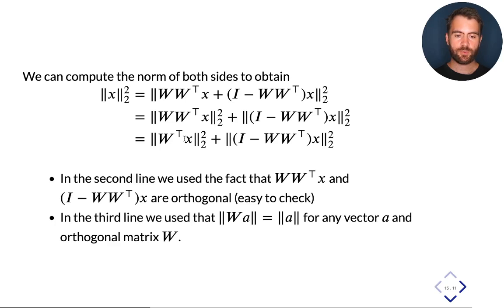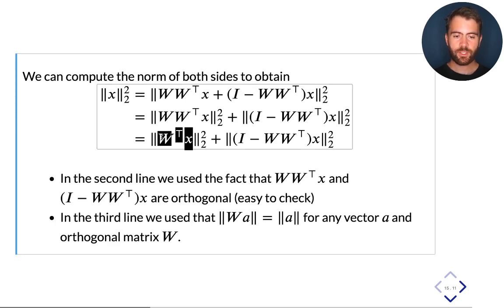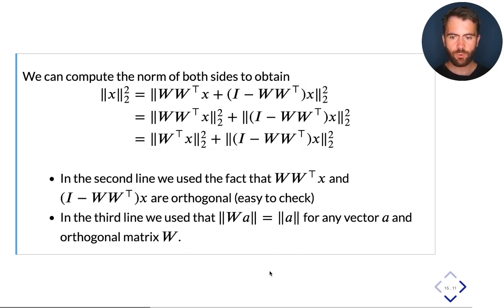And then here I just perform one transformation. I replace this vector by this vector because W is an orthonormal matrix, and multiplying a vector by an orthonormal matrix does not change its norm. And so the third line is also true. So now we have derived this identity, which is the third line.